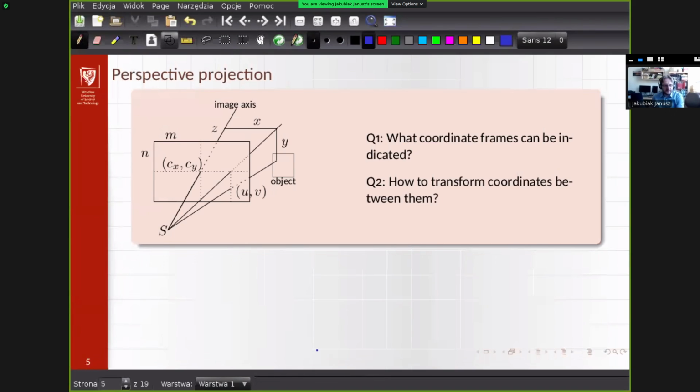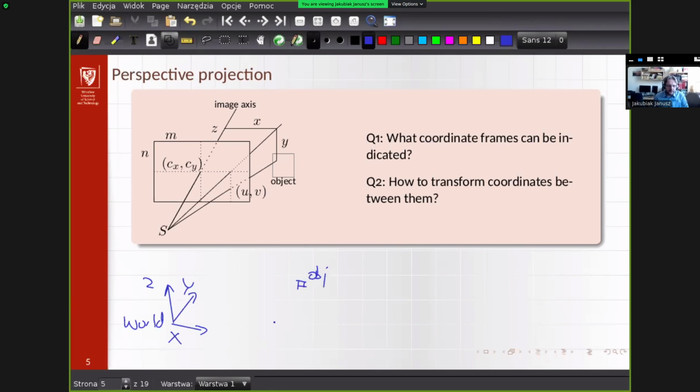We have this global coordinate frame, with X, Y, and Z, and this is our world. And somewhere in this world we have the objects that we are interested in. That's the first coordinate system that we have.